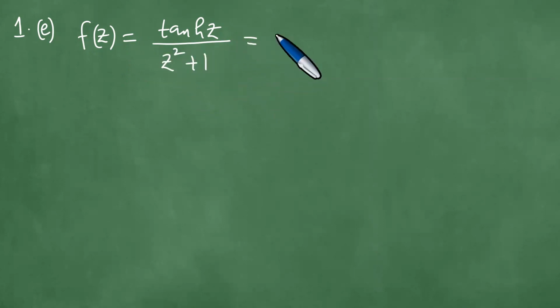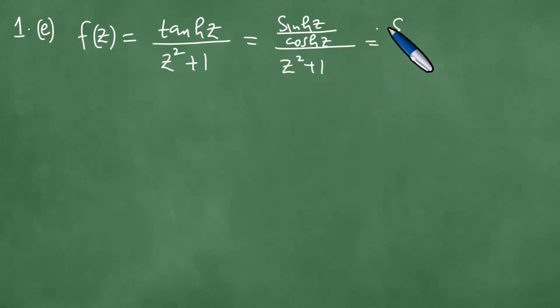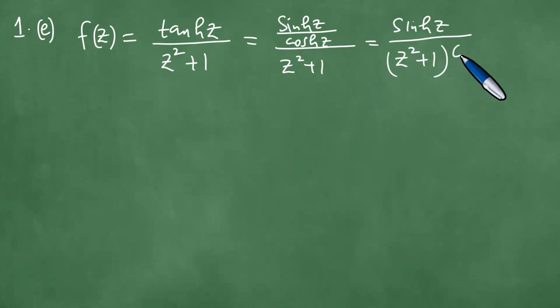But the hyperbolic tangent is the same as the hyperbolic sine of z divided by cos of z. So we have the hyperbolic sine of z divided by z squared plus 1 into cos of z.